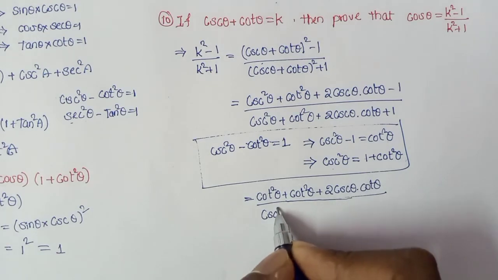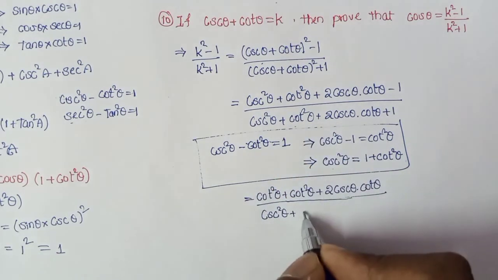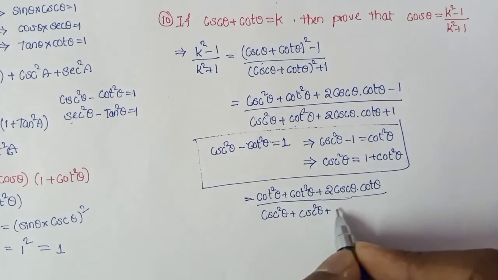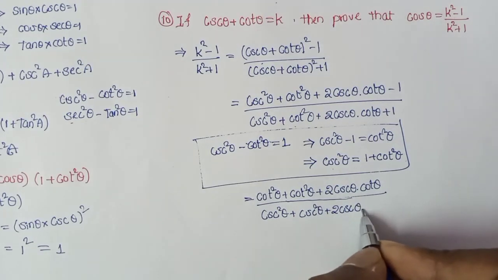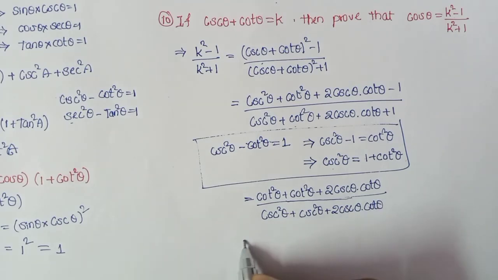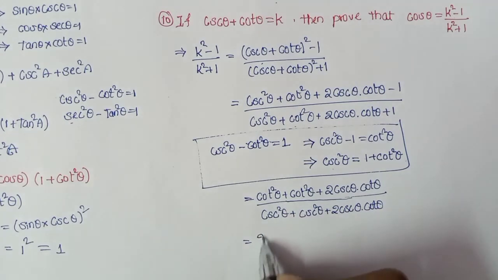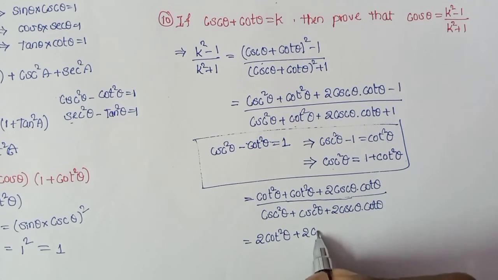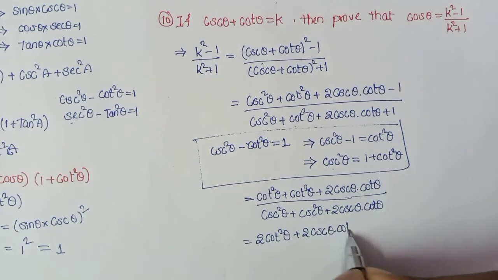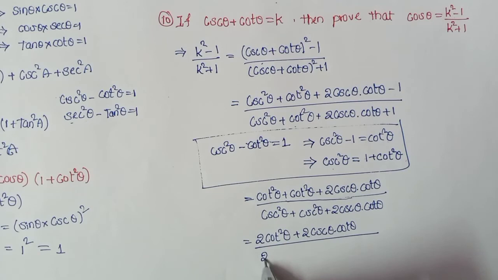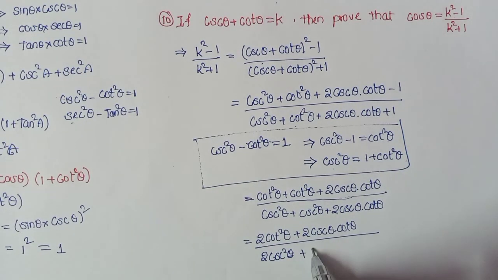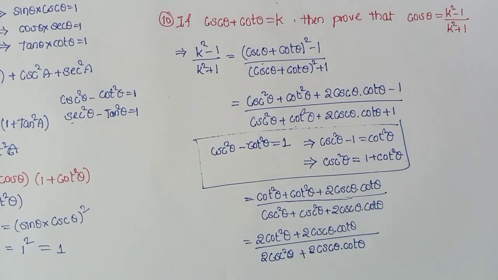So cosec square theta plus cosec square theta plus 2 times cosec theta cot theta. This can be written as 2 cot square theta plus 2 cosec theta cot theta, divided by 2 cosec square theta plus 2 cosec theta cot theta.